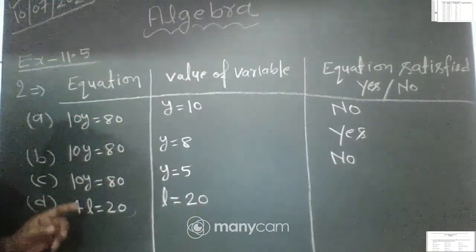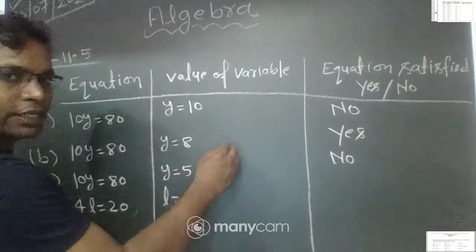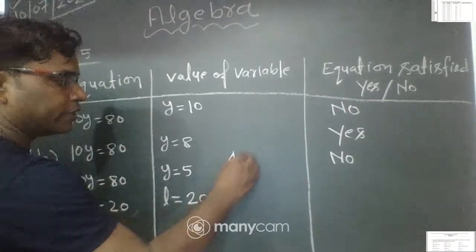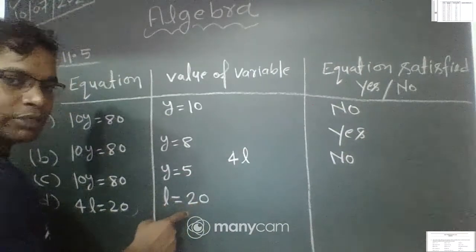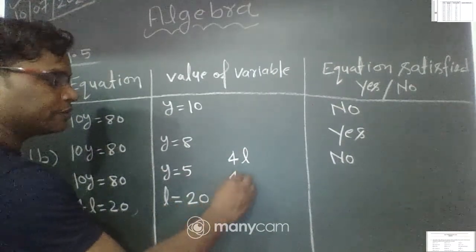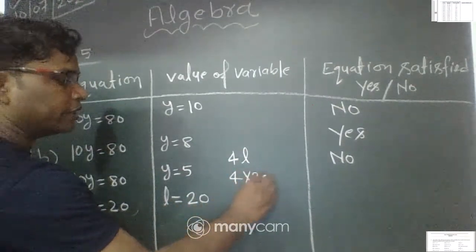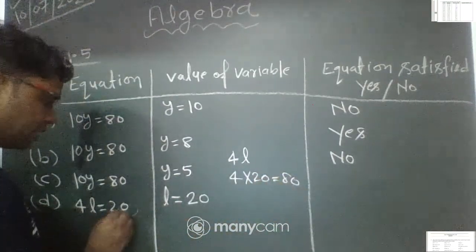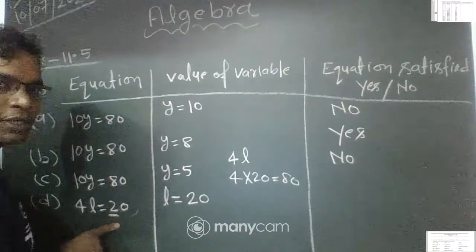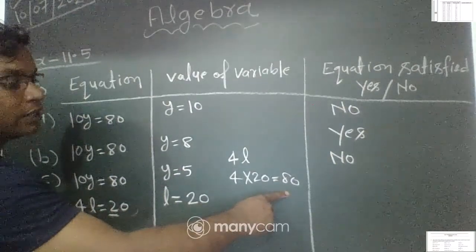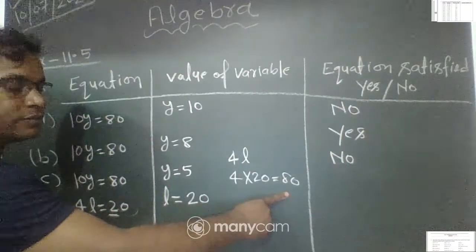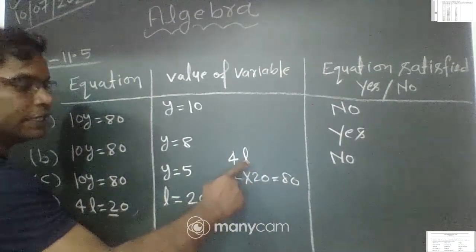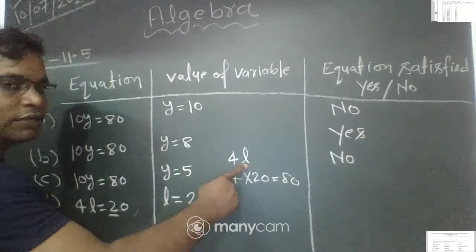If you take the left hand side, what is the left hand side? Left hand side is 4L here, and the value of L is given 20. So you put here 4 into 20, it becomes 80. Okay, but our right hand side is 20, and if you put the value of L in the left hand side, we have 80.